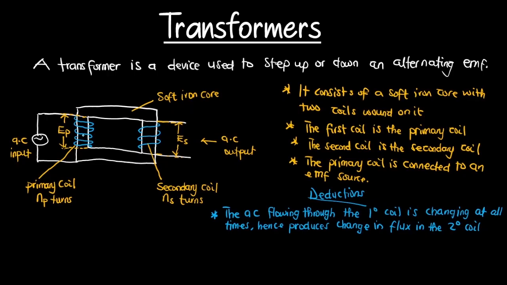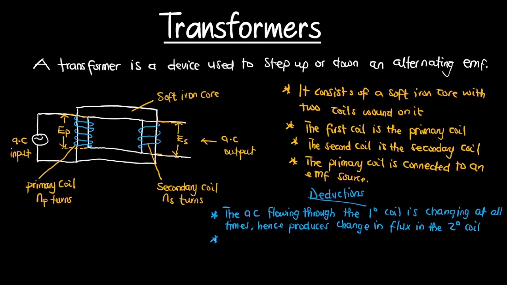The number of turns on the primary coil determines the amount of flux that will be produced. So the flux produced by the primary coil is proportional to the number of turns NP and the current IP. And if we come to the secondary coil as well, the induced EMF in the secondary coil is also proportional to the number of turns NS and the current IS flowing through it.